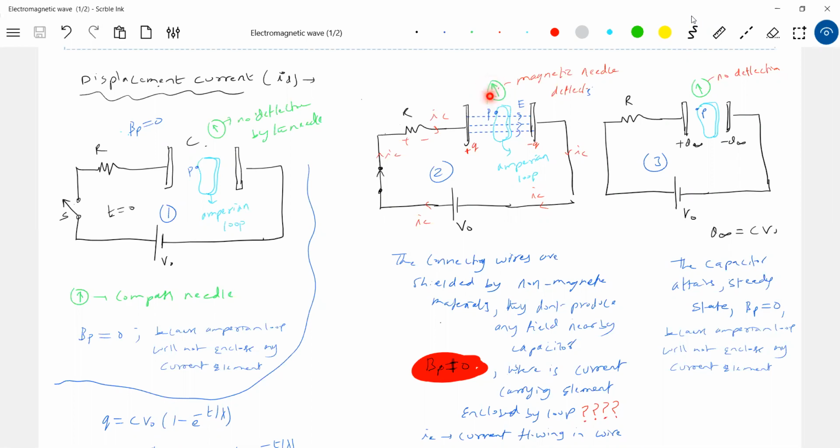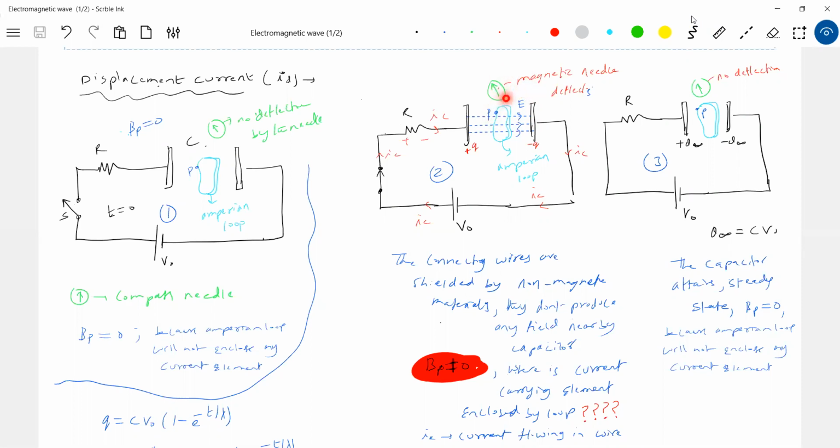So why does this compass needle deflect? Because of that. If any magnetic field is produced, there should be a current element. So I'm going to introduce a new quantity called current density. Don't think that a current is flowing here. A varying electric field will produce a magnetic field, and because of that the compass needle deflects.